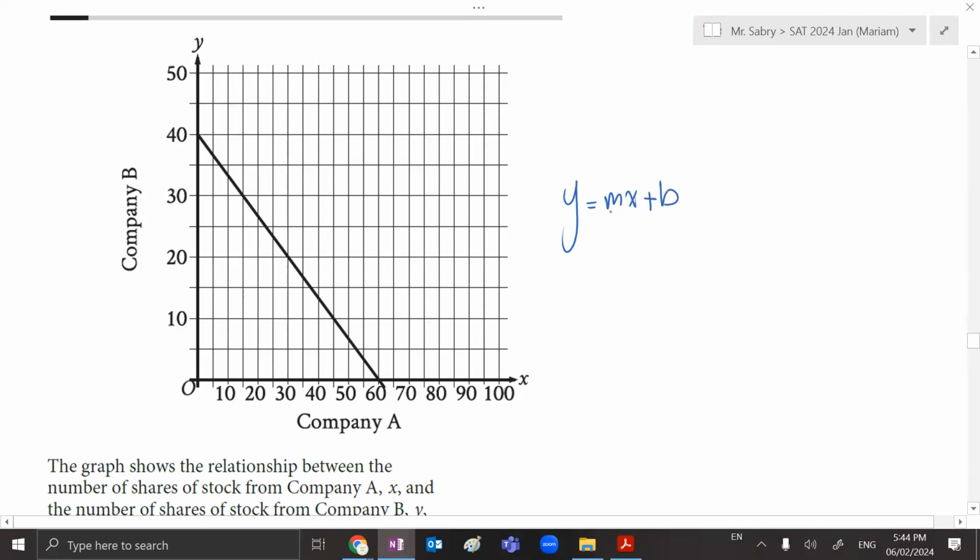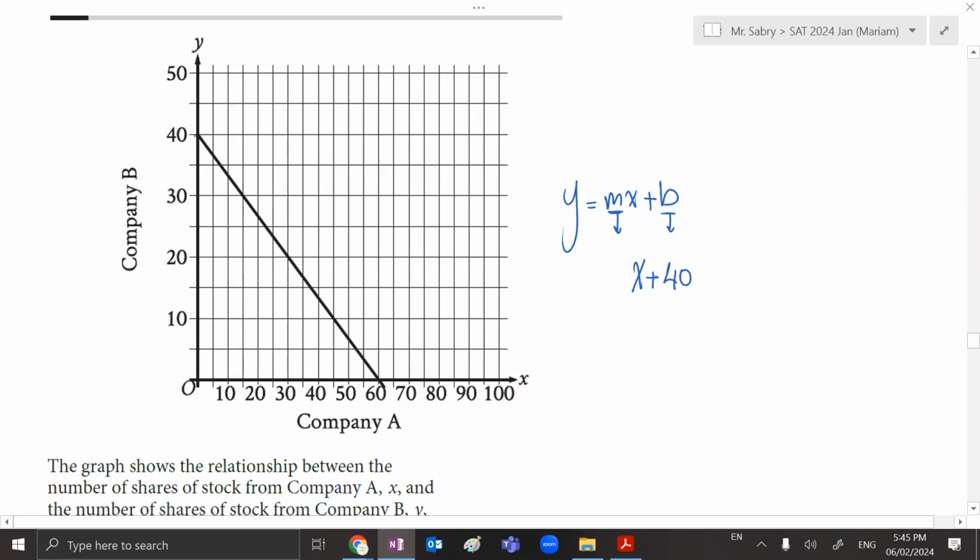What's the m? Wait, b first is the point where the line intersects the y-axis, which is 40. Yes. And where's the slope? Then we take any two points.